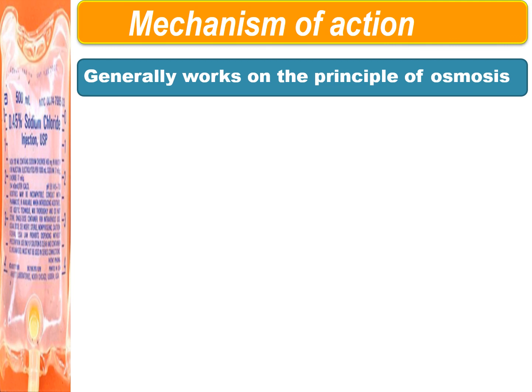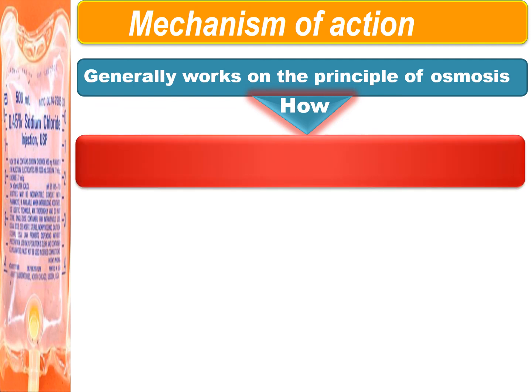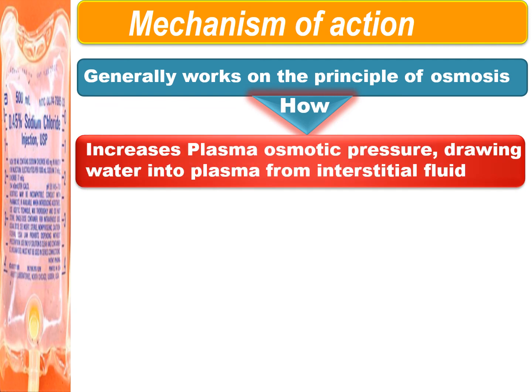That's why they maintain the oncotic pressure. But the question is, again I am repeating, how? The answer is they increase the osmotic pressure by drawing water into the plasma from where? From the interstitial fluid. And what is interstitial fluid and how much normal percent of interstitial fluid is there in our body? Already we discussed in the second slide.